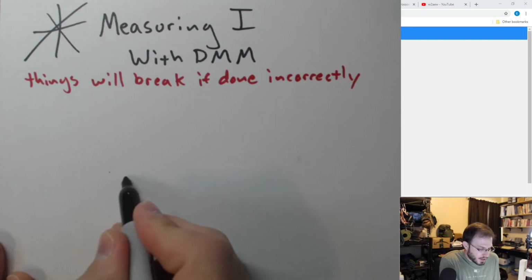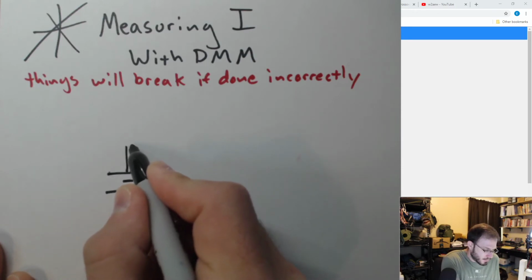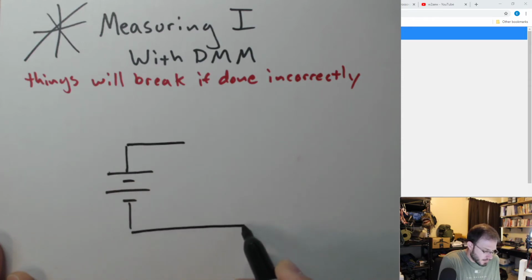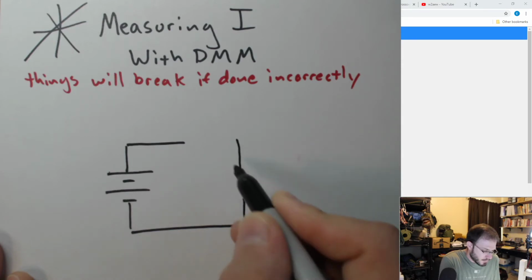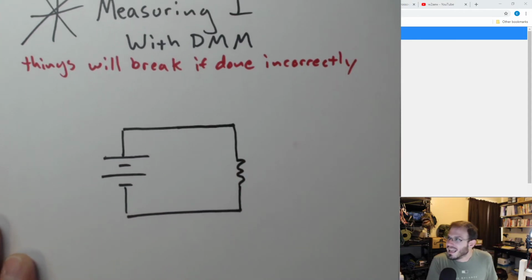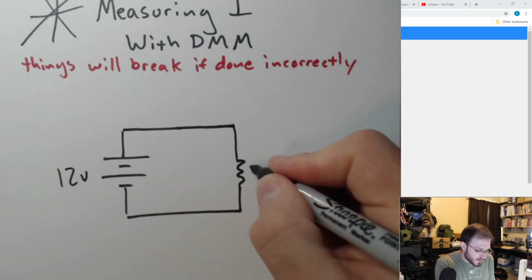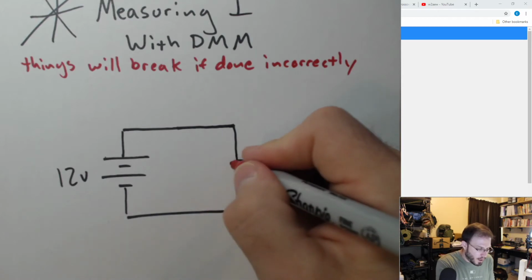if we take a circuit and let's just say we have something super easy here, 12 volts, 12 ohms. We should have 1 amp.